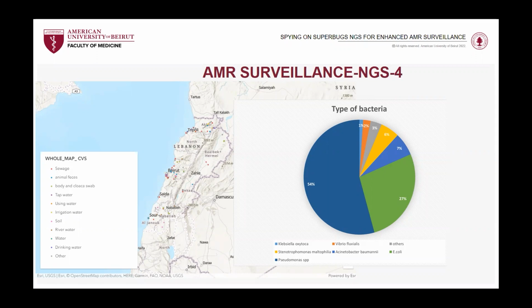Water alone is 9 categories. Then you've got soil, then dust, then you have to look at animals, domestic and wild, and then patients, and then you can say you've done a One Health approach. This is what we're trying to do, but this is not an easy task.